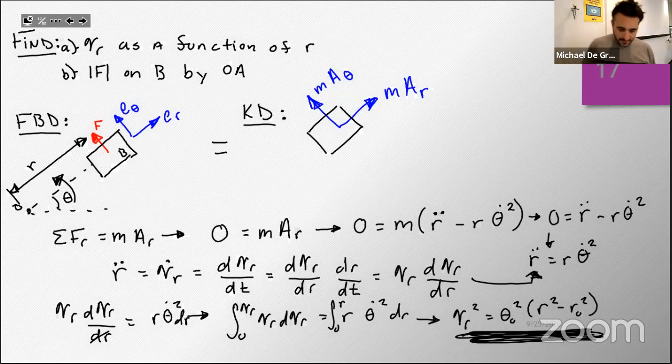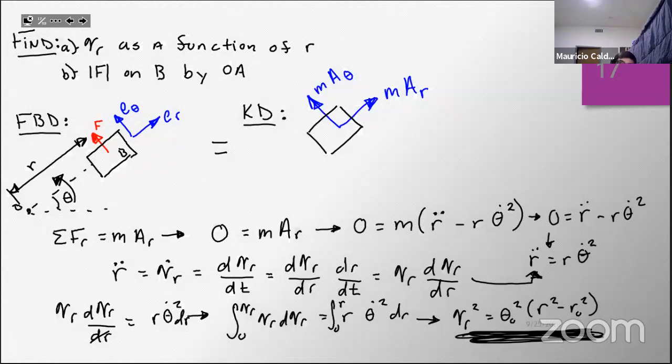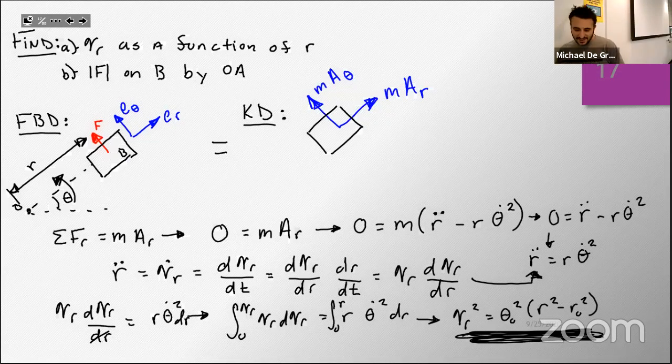Now, I'm going to level with you guys. After today, I don't plan on having you do another problem like this. I'll be the first one to say thank you. But I do think it's important to see the use of the chain rule right here.